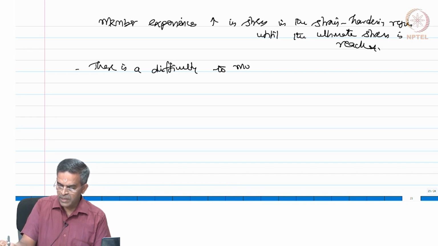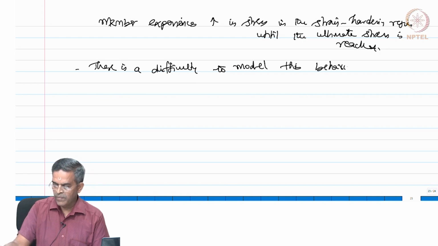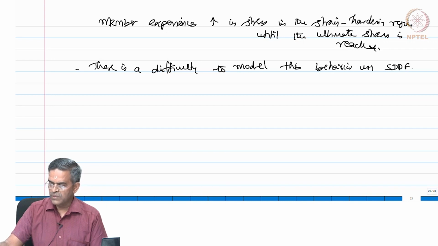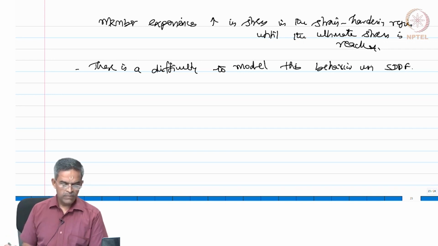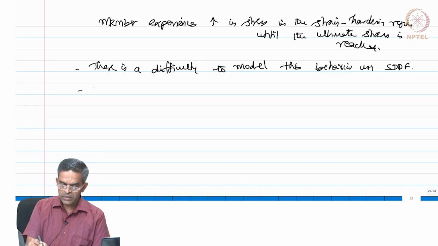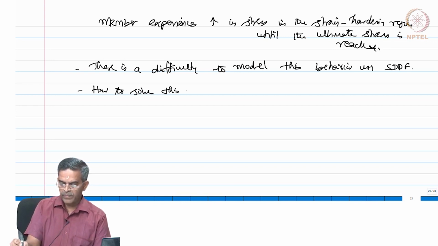Okay. So, there is a difficulty to model this behavior using SDOF systems. Okay. So, how to then model this? How to solve this difficulty? Okay.